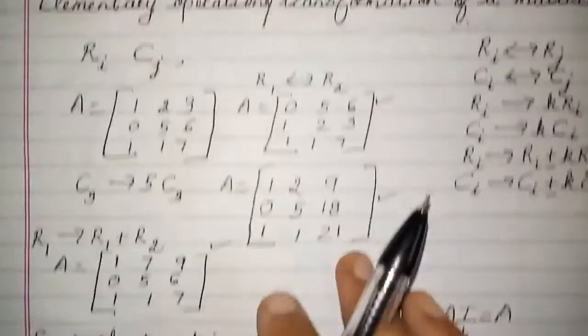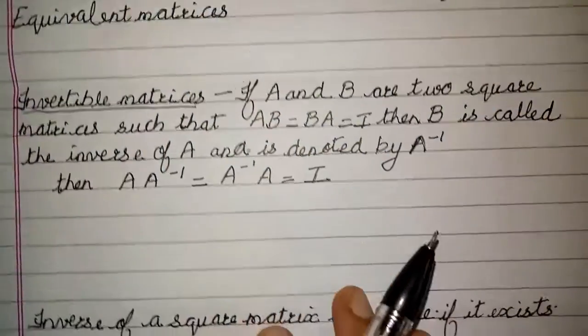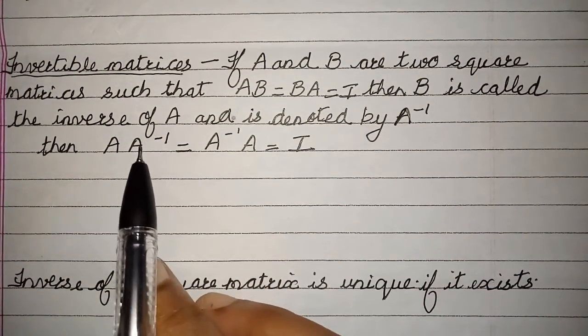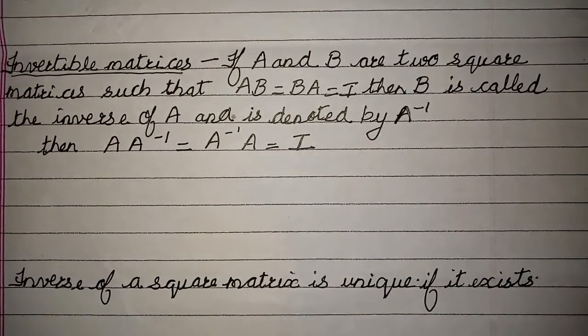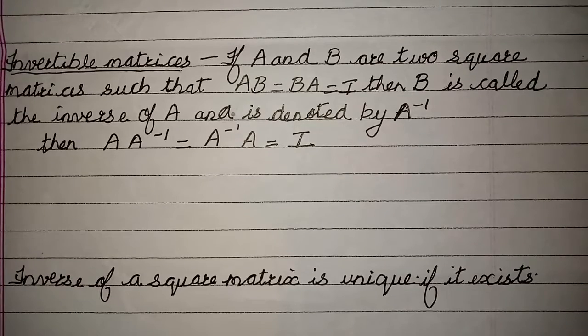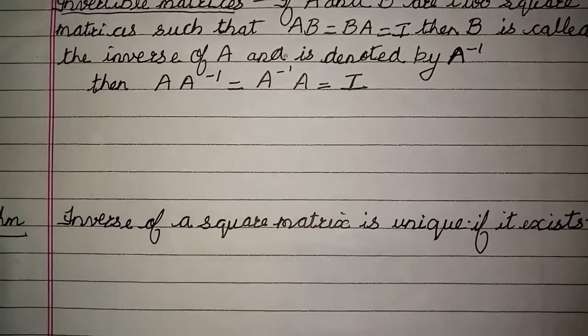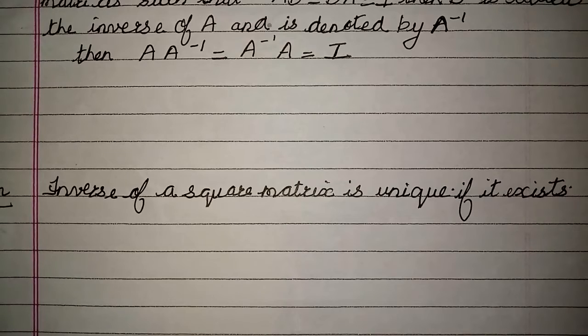So we have learned elementary operations in order to find the inverse of a given matrix. When we solve problems, children, it will be more clear. Now there are two important results based on this. The first result: the inverse of a square matrix is unique if it exists. Very logical. That means if the matrix given to you has an inverse, then you will be able to find its inverse, which is unique.